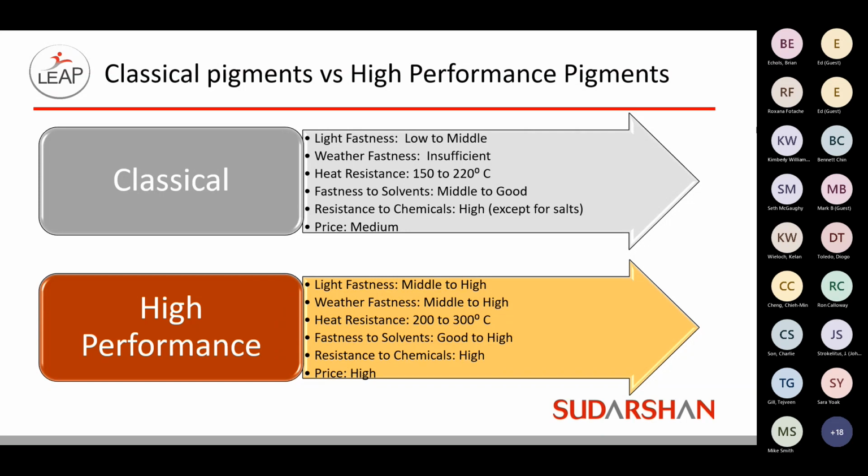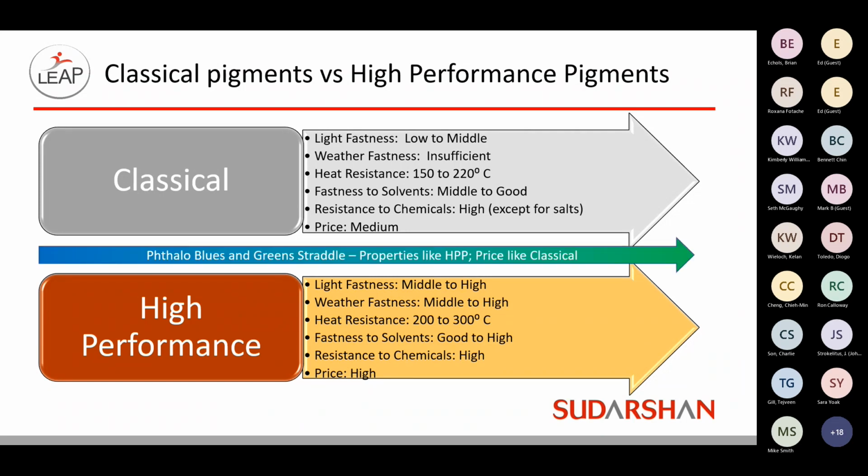There is one class of pigments that sort of fall in between, and these are the blues and greens. Traditionally, we put them in the classical category because their chemistries are older and a little bit simpler.